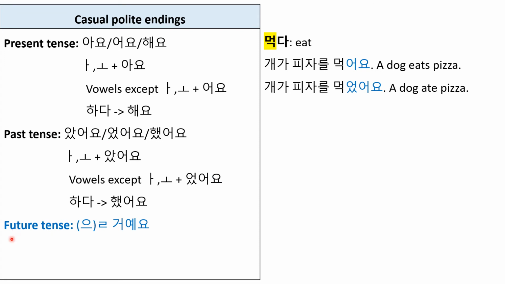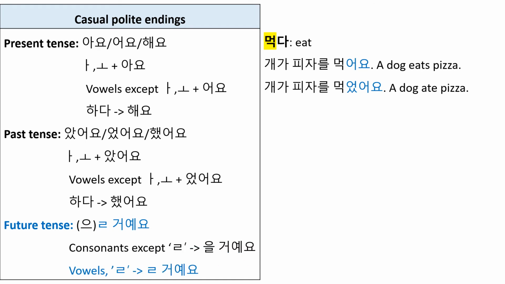What about casual polite future tense? If the stem of a verb ends with a consonant other than 리을, the verb ending should be replaced with 을 거예요. If the stem ends with a vowel or consonant 리을, the verb ending should be replaced with 리을 거예요. 먹 ends with a consonant 기역.